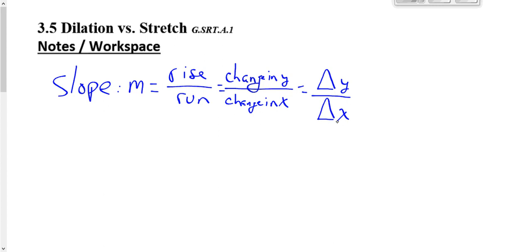Delta means difference. It's a Greek letter D. Change means a difference in two numbers, right? What's the change between 7 and 9? It's the difference between 7 and 9. Subtract them, right?